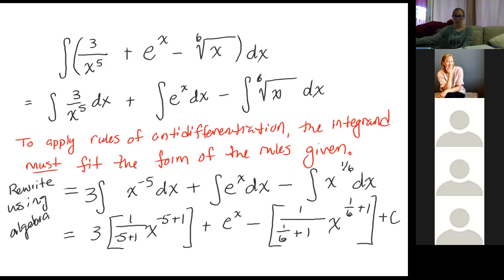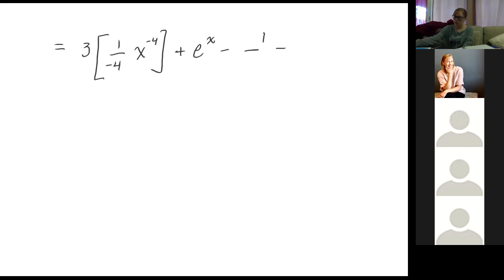Okay, I am going to simplify this. So this is equal to a constant of 3 times 1 over negative 4, x to the negative 4th, plus e to the x, minus 1 over 1/6 plus 1, which is 7/6, x to the 7/6 power, plus c.